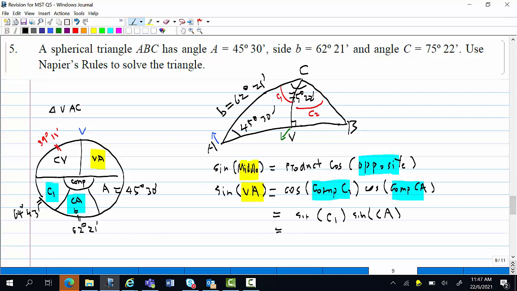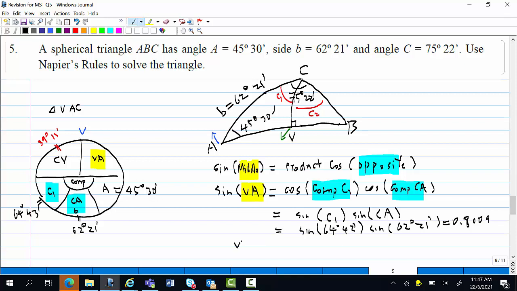So C1 is 64 degrees 43 minutes here. And CA is side B also with 62 degrees 21 minutes here. And then we find out that this is 0.8009.